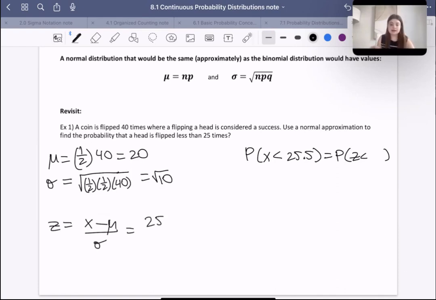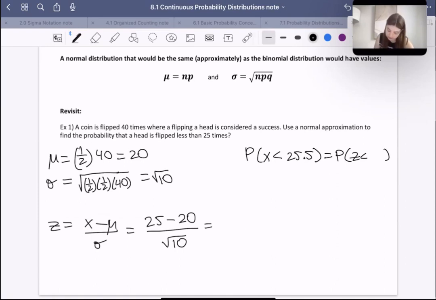That's what we're trying to look for, 25. We're going to subtract 20, and we're going to do that over the standard deviation, which is root 10.